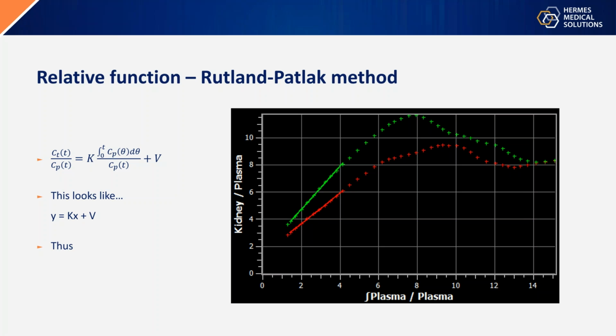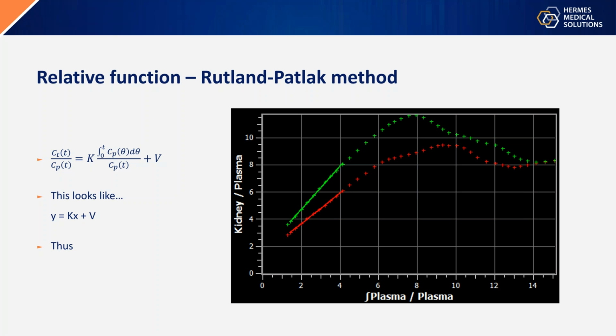And the slope of the curves will be the K value. And we can only use the part of the curve that is linear, because as the urine compartment starts emptying down to the bladder, then the model dissolves and these plots will not be linear anymore.